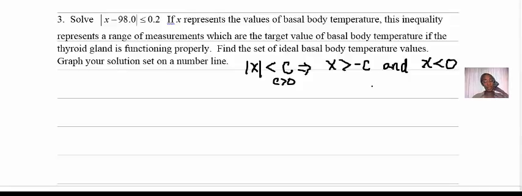Here the connecting word is and. And so another way to write this is that x has to lie between negative c and c.